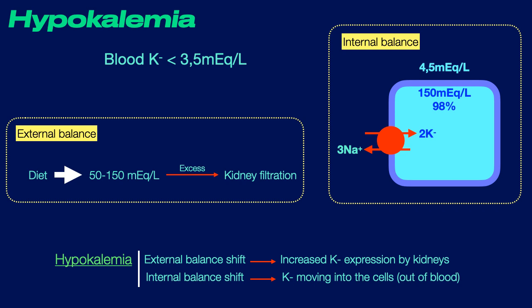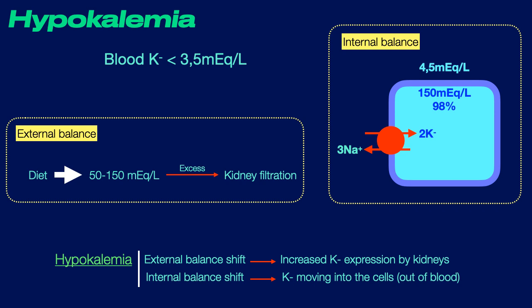This balance is maintained by the sodium-potassium pump, which pumps 2 potassium ions in for every 3 sodium ions out. This concentration gradient is extremely important for setting the resting membrane potential of excitable cell membranes, which is needed for normal contraction of the smooth, cardiac, and skeletal muscles.